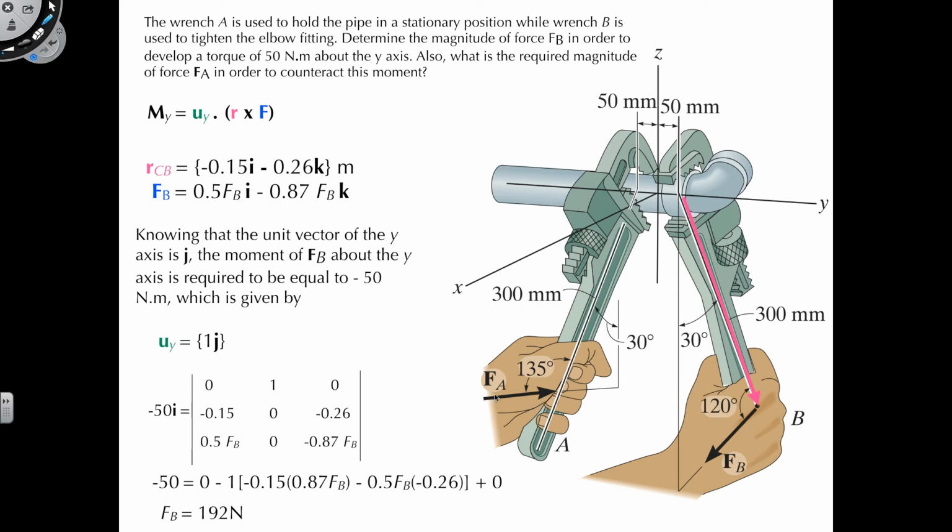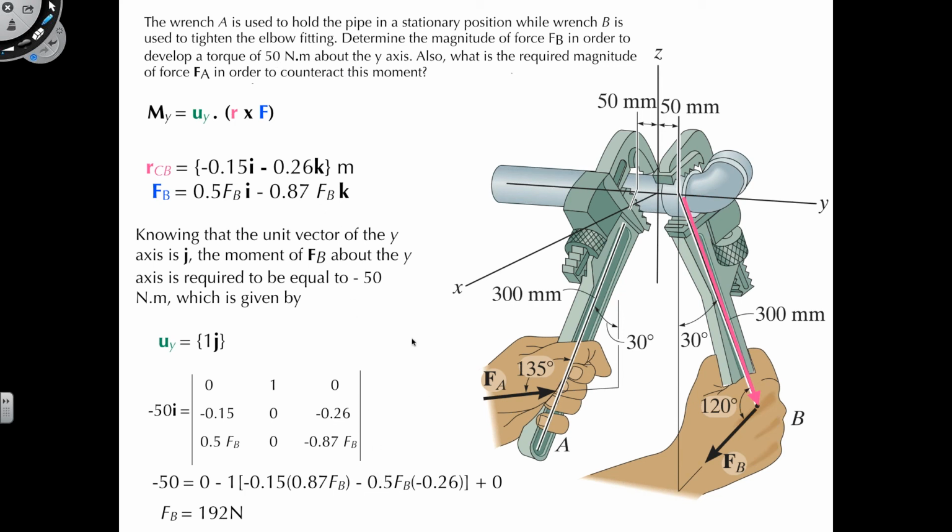Now we need FA also to create a moment of 50 newton meters. The question is asking what is the required magnitude of force FA in order to counteract this 50 newton meter moment.